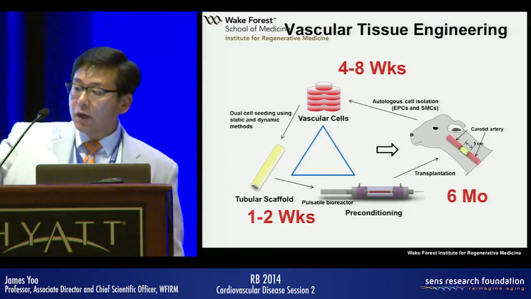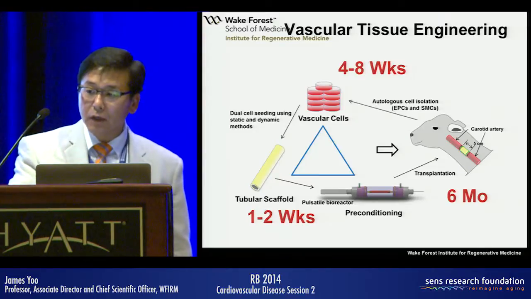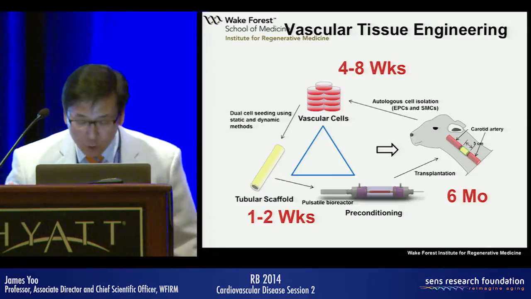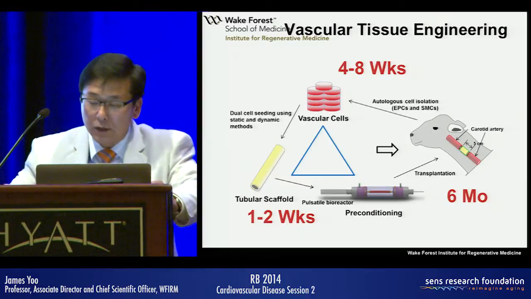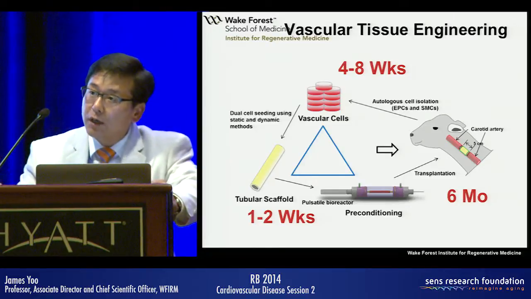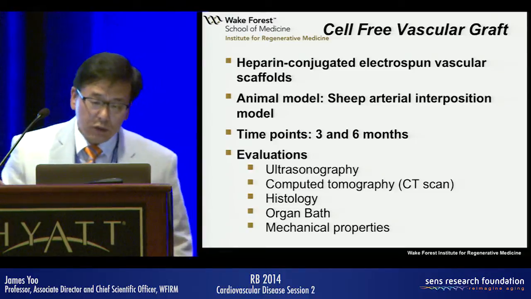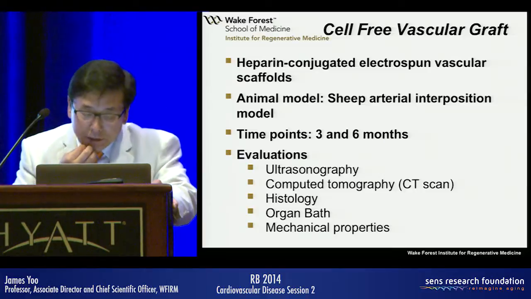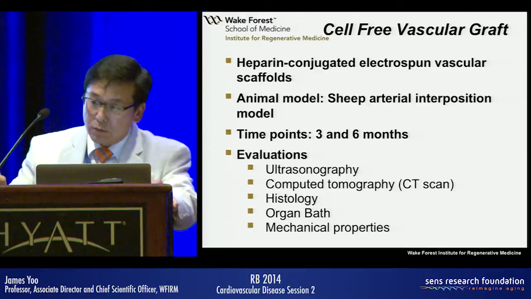What if we remove cells from this equation, because most of the time is due to cell culture and expansion. If we do that, it would be much more efficient and better, and it can be prepared in a more rapid manner. So we have tried many different approaches. The purpose of growing cells, especially endothelial cells, is to prevent thrombosis.